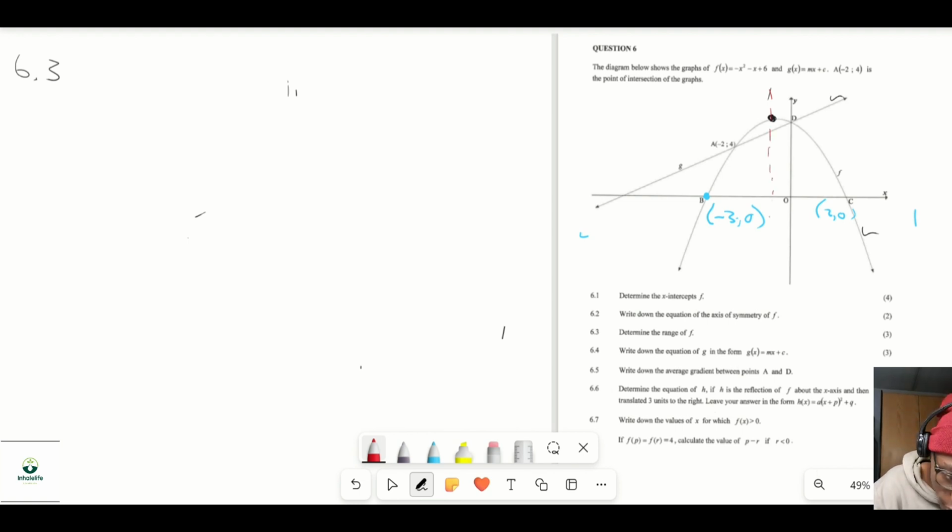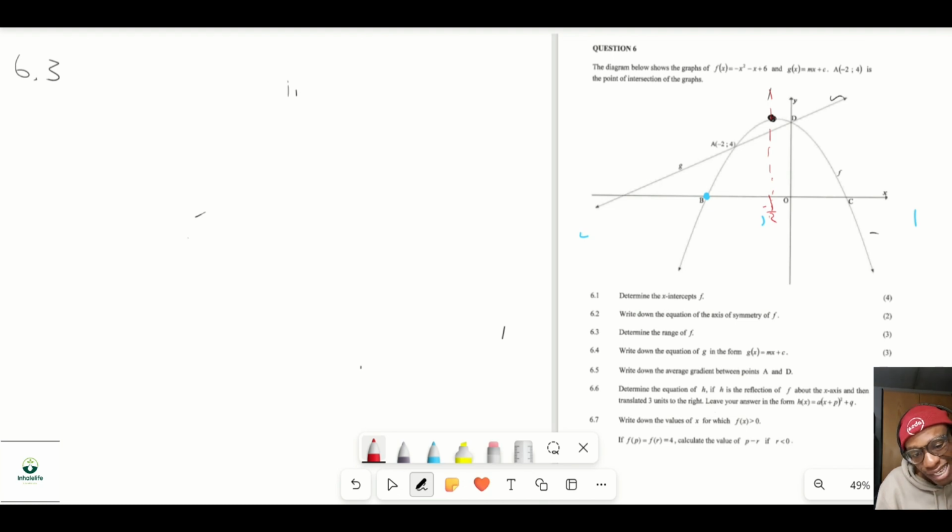And then here we have -1/2, like we said. So our axis of symmetry is right there. Let me just erase these for now. So this is our axis of symmetry, meaning this here is our turning point.